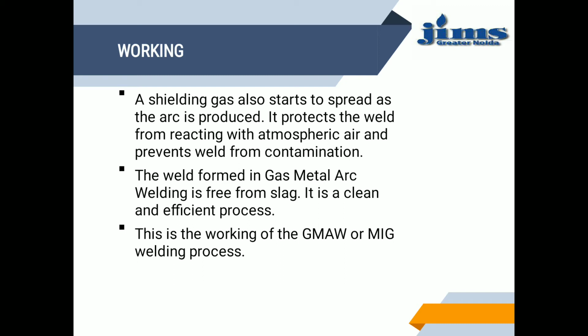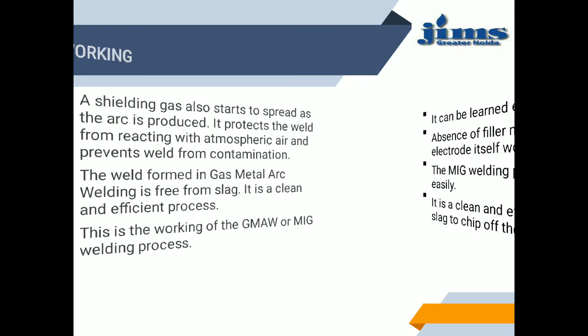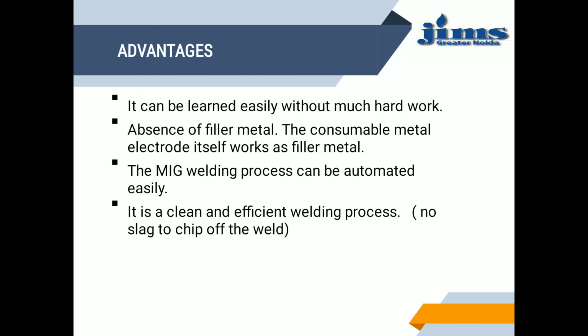The weld formed in gas metal arc welding is free from slag. It is a clean and efficient process. This is all about the working of GMAW, or the MIG welding process.